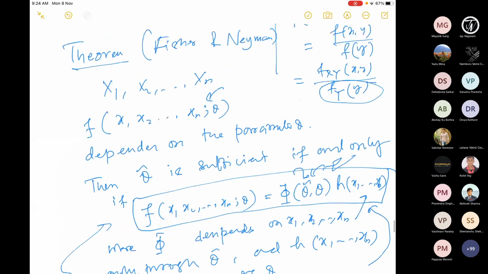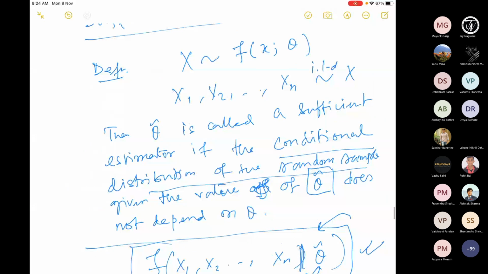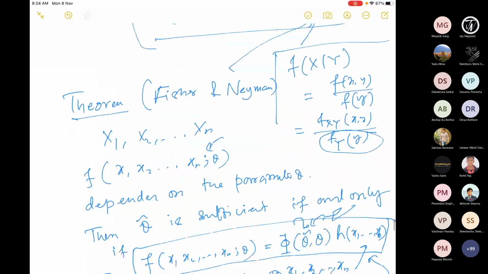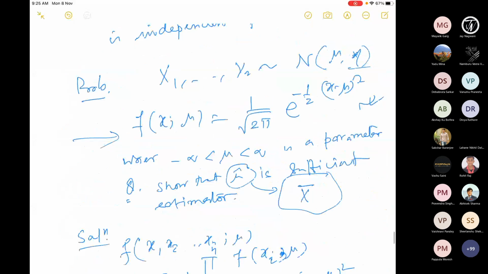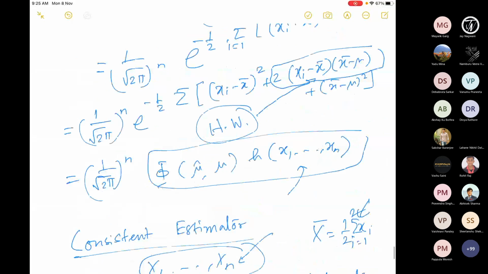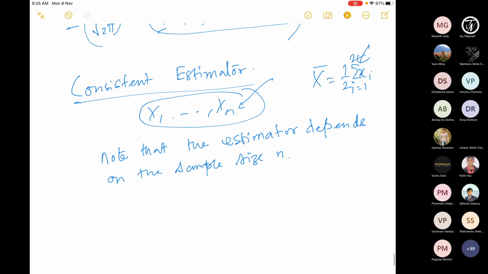This is the meaning of a sufficient statistic, a sufficient estimator. Estimator is a statistic and it has this particular property.